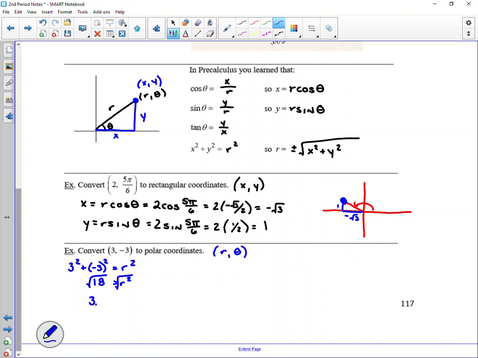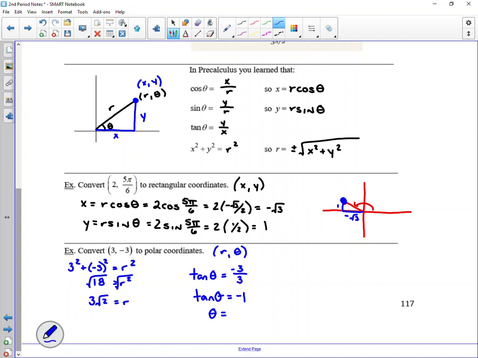So we get 3 root 2, right? Equals r. And then to figure out theta, we'll use the tangent theta because we have y's and x's. So tangent theta is negative 3 over 3. So when is tangent negative 1? Negative pi over 4, also 7 pi over 4.